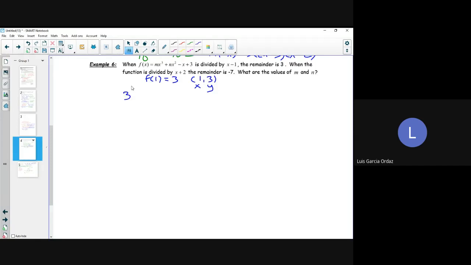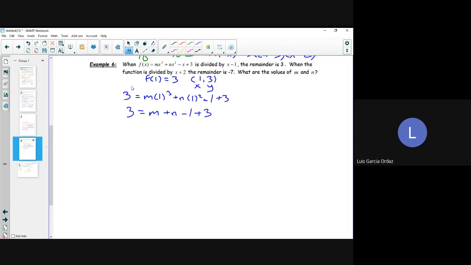We have 3 is equal to m times 1 cubed plus n times 1 squared minus 1 plus 3. So we got 3 is equal to m plus n minus 1 plus 3.